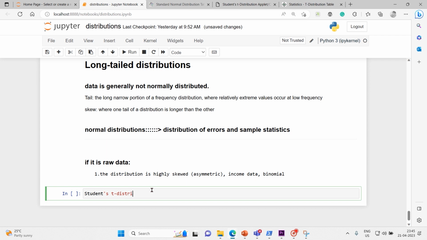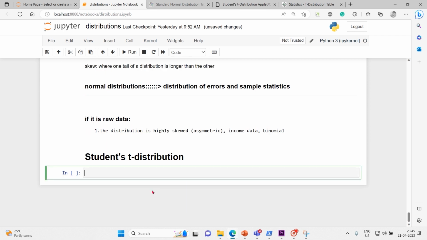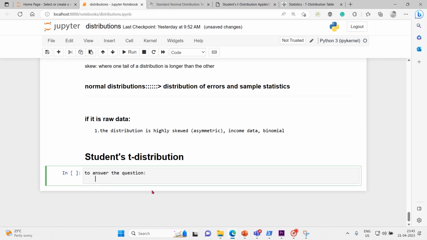The main agenda of creating all this is to answer the question: what is the sampling distribution of the mean of a sample drawn from a larger population?